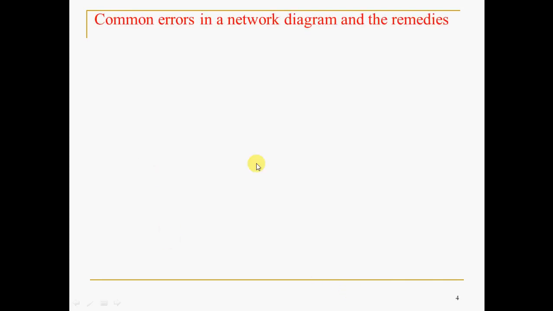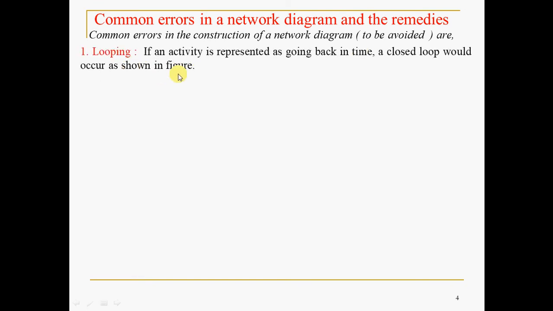So before going to draw or build a network, let us discuss about common errors in a network diagram and the suitable remedies. Common errors in the construction of a network diagram that are to be avoided are looping. If an activity is represented as going back in time, a closed loop would occur as shown in the figure.